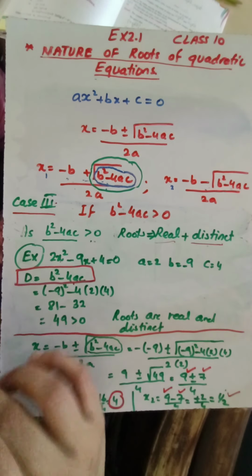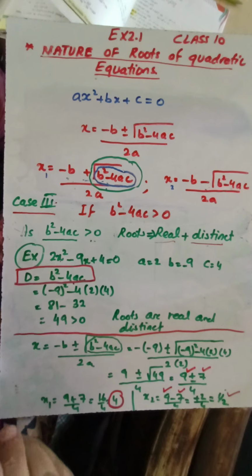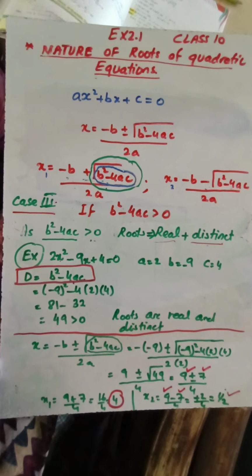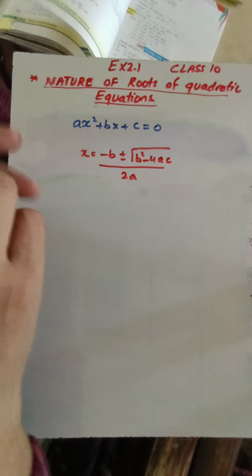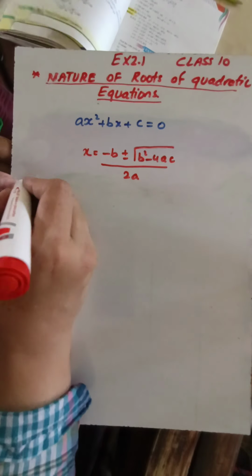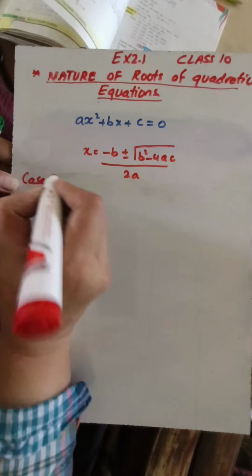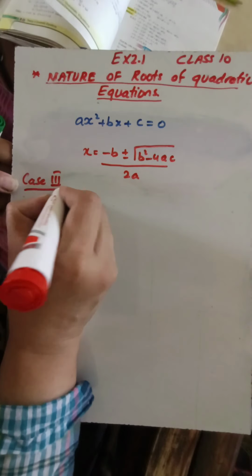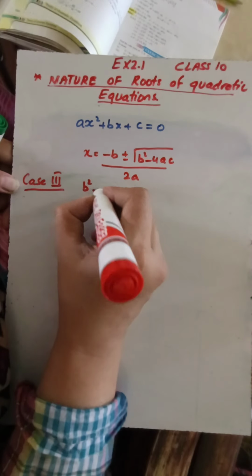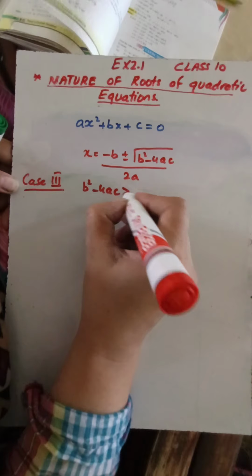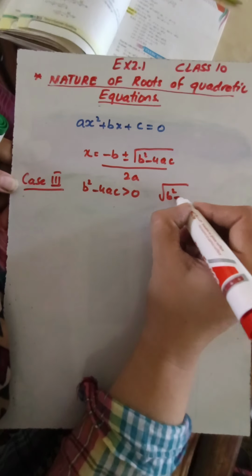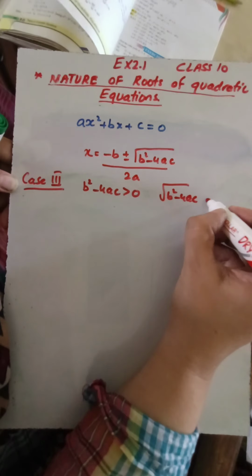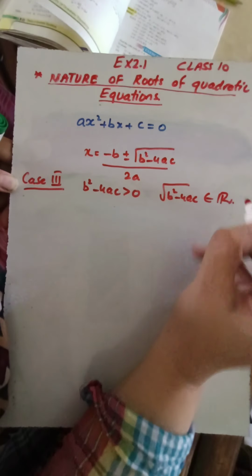Now in the third case there is a bit more discussion. In the third case we learned that if b square minus 4ac is greater than 0, then under root b square minus 4ac will be a real number.